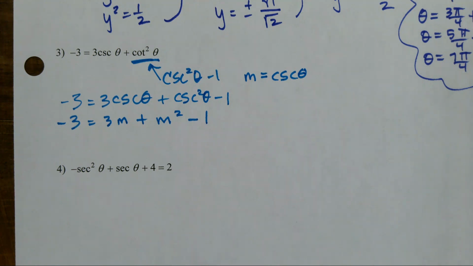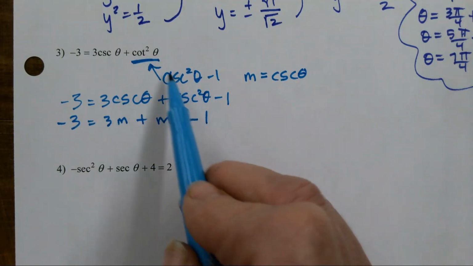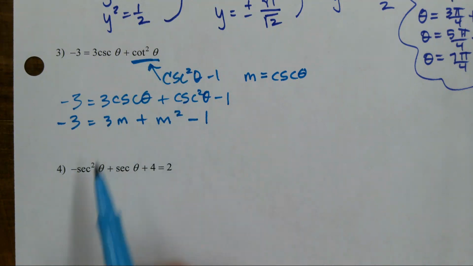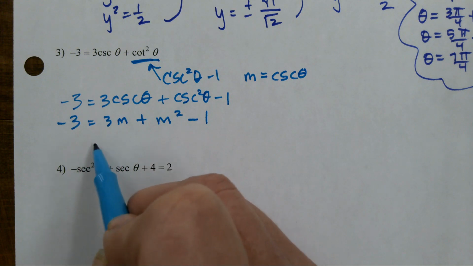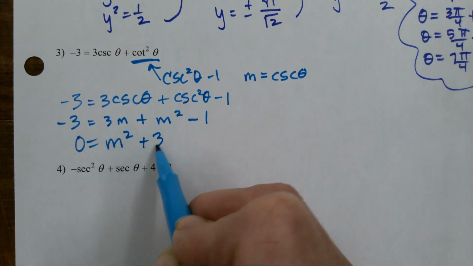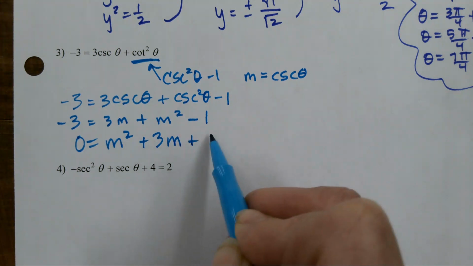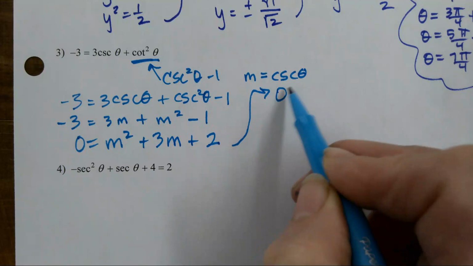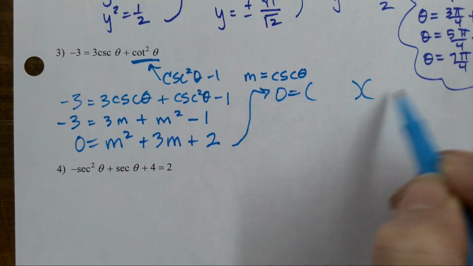One variable, much easier to solve for. So just that little swap, connecting this to something that we know, is enough to make this solvable. So now I'll move this around. 0 equals m squared plus 3m plus 2. And 0 equals, go ahead and factor.